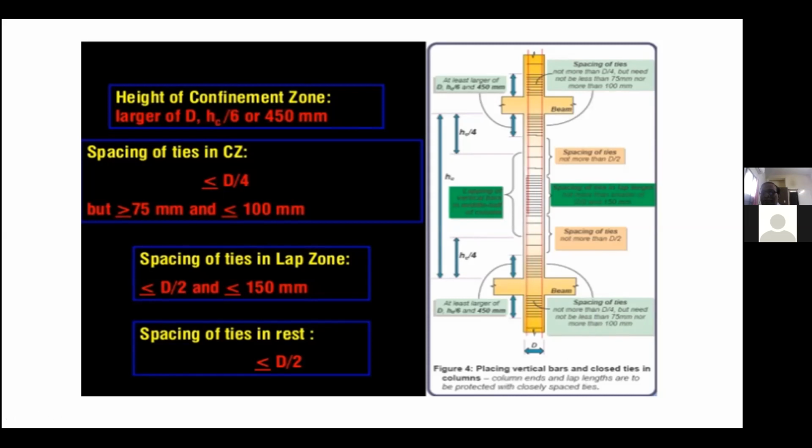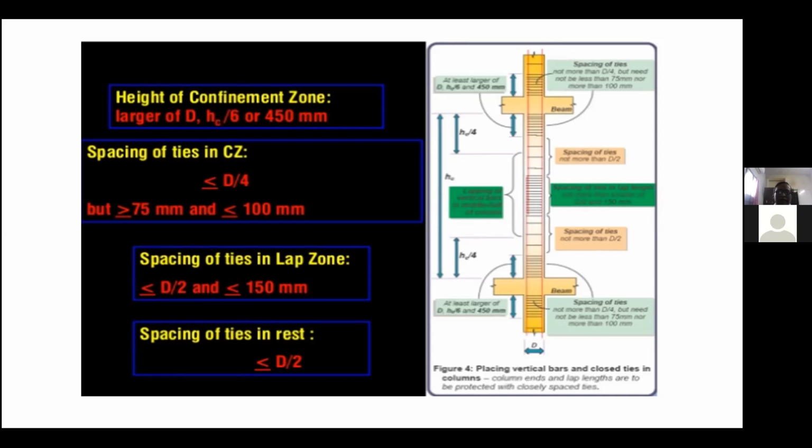For a floor height of about 3 meters, 750 millimeter from the bottom and 750 millimeter from the top, you should provide very closer steel. That is explained in the slide: closer reinforcement here, and again here. The various conditions are given here.